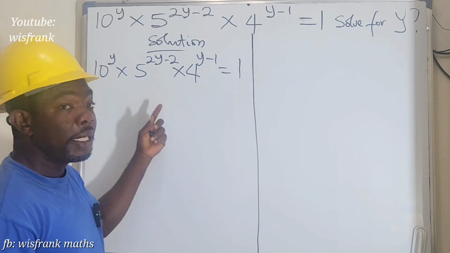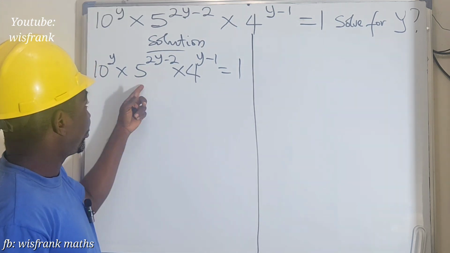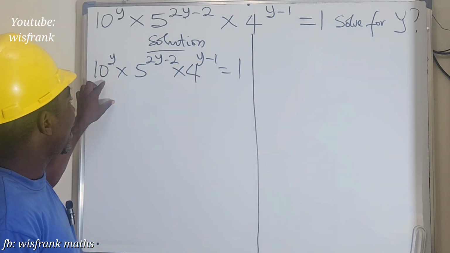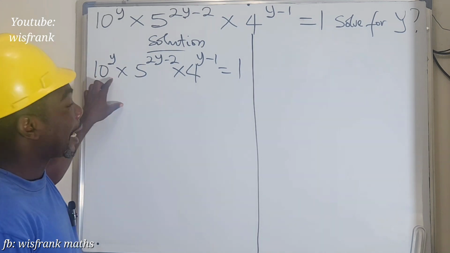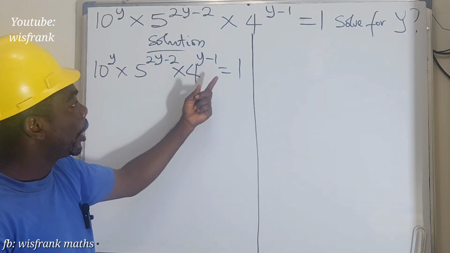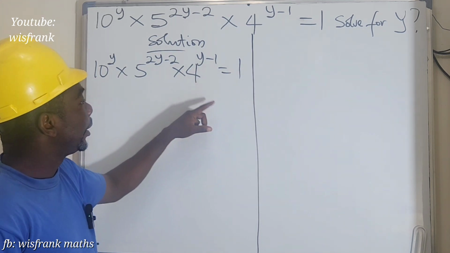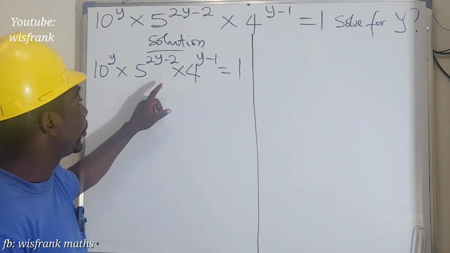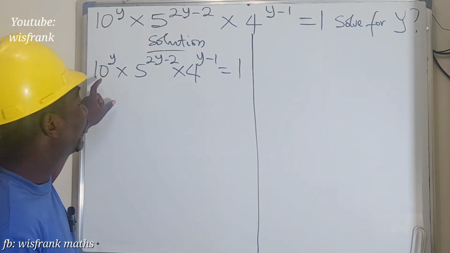In this indicial equation, we have different bases. Here we have a constant, here we have base 4, base 5, and base 10.